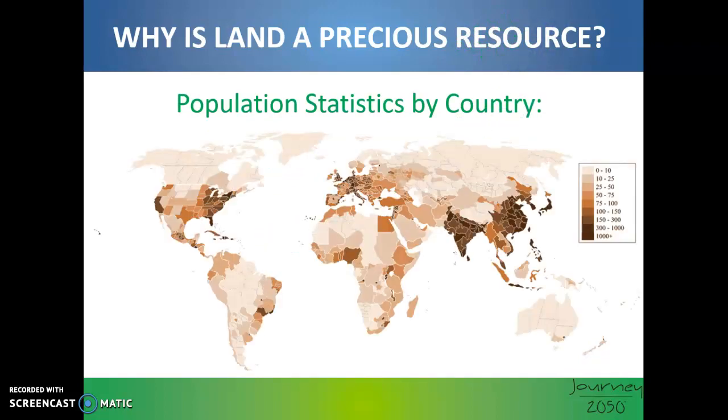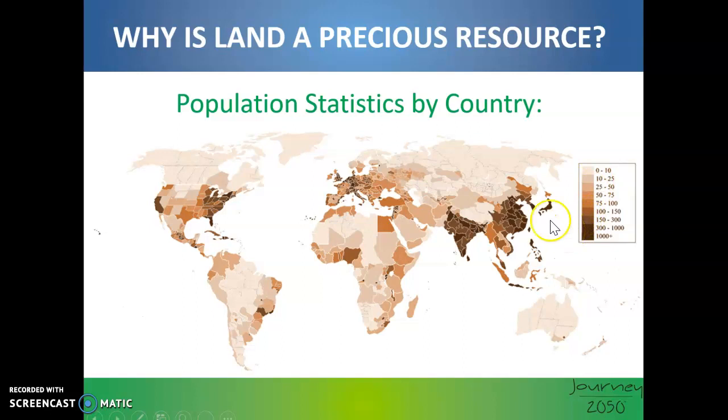So if we look at population statistics by country, and I like this map because it kind of gives you a color-coded version of that. You can look here at the key based on the darkness of the color of the country on the map. That gives you an idea of what the population density is of that country.